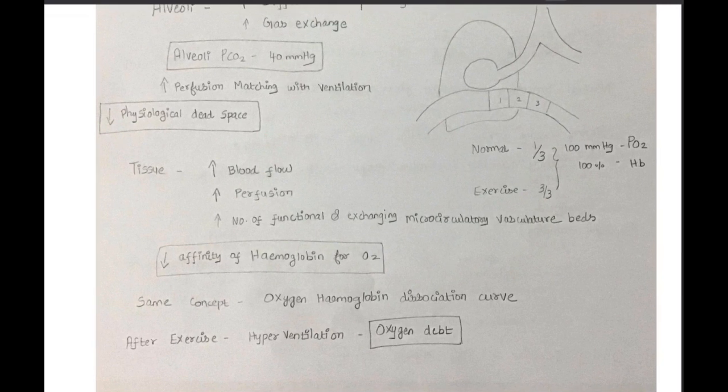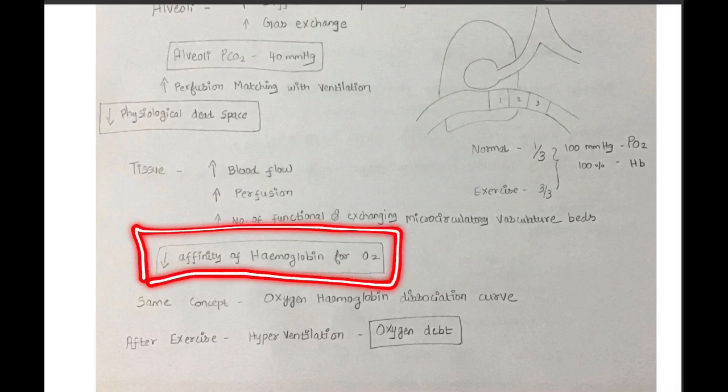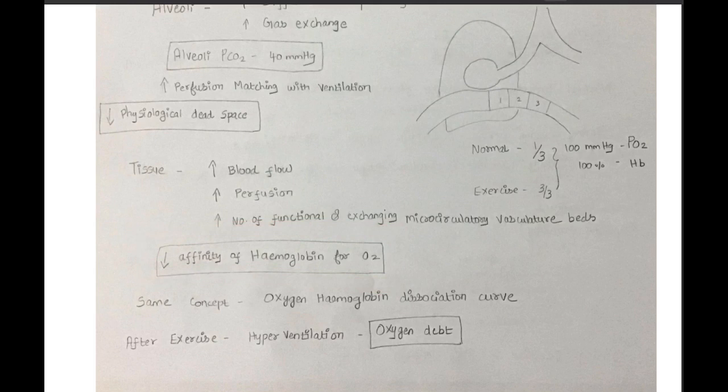And in tissue, we have discussed this already, there is decreased affinity of hemoglobin for oxygen in the tissues. The same concept with the oxygen hemoglobin dissociation curve.